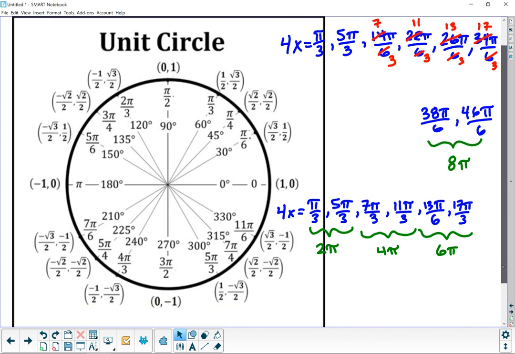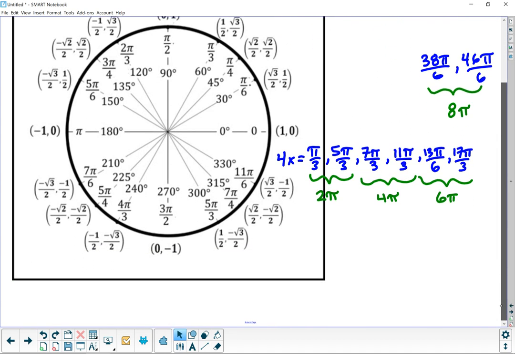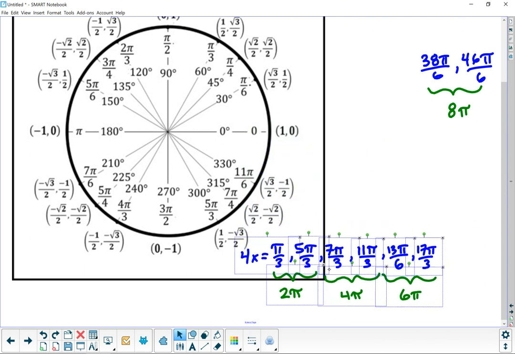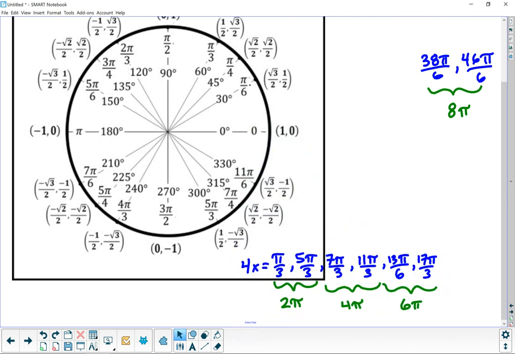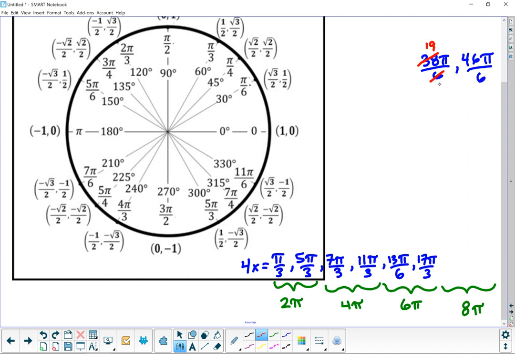Looks like I need more space. Here, I can move down here. Okay, the last two are for the 8 pi. So 38 pi over 6. 38, and you can divide it by 2, which is what? 19? Yeah. And 6 is 3.